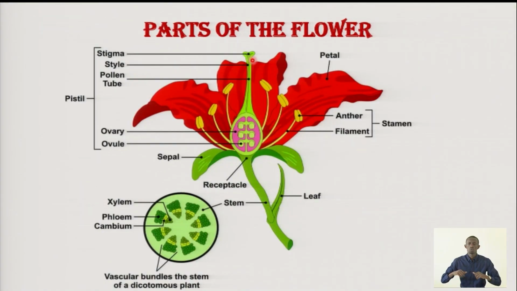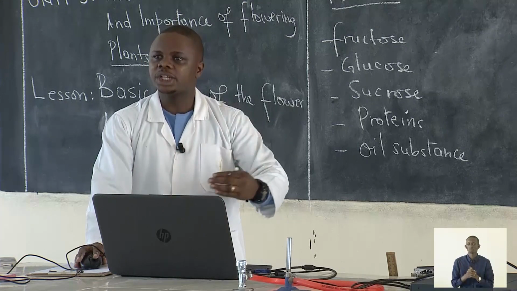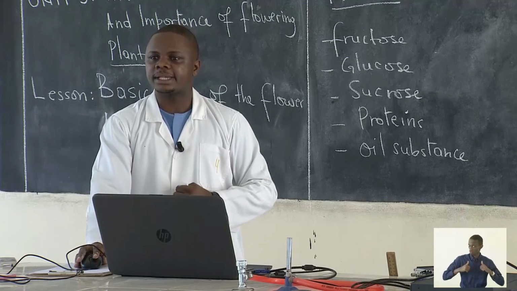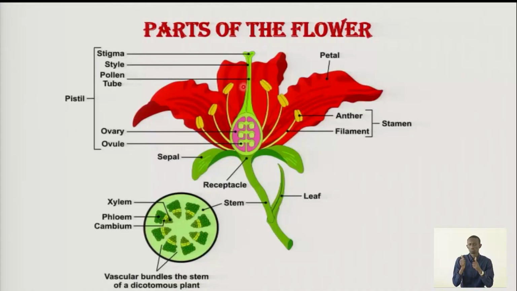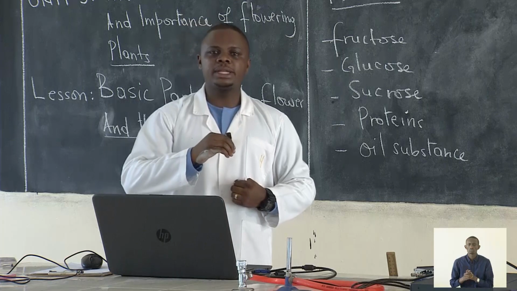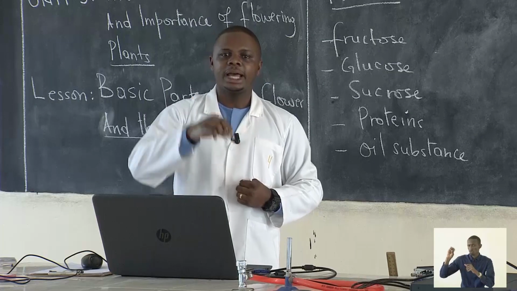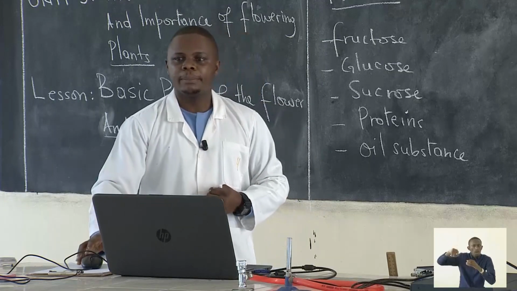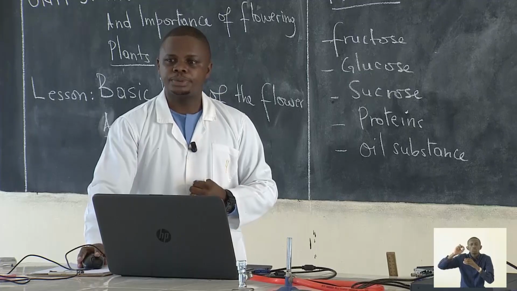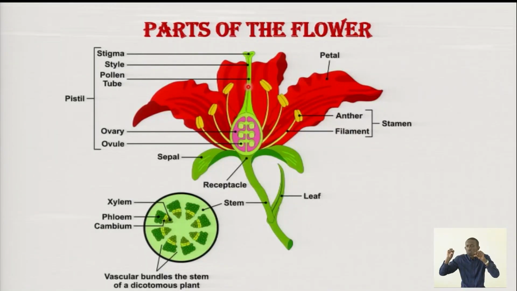When it is exposed, that means the function of pollination will take place easily. Inside the style, we have what we call pollen tube. And we are going to see that when pollen grains fall on the stigma, they are going to be transported by the pollen tube, which is this part, the pollen tube, and go down into the ovary.